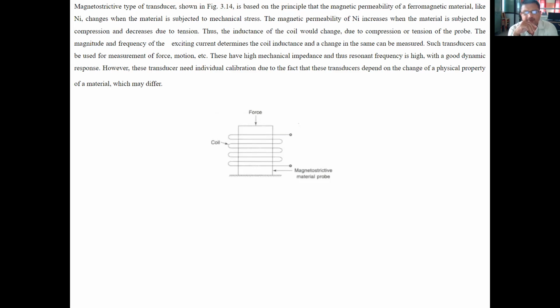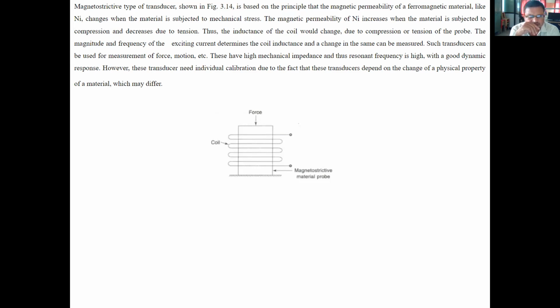The magnetic permeability of nickel increases when the material is subjected to compression and decreases due to tension. Thus, the inductance of the coil would change due to compression or tension of the probe. The magnitude and frequency of the exciting current determines the coil inductance, and the change in the same can be measured.